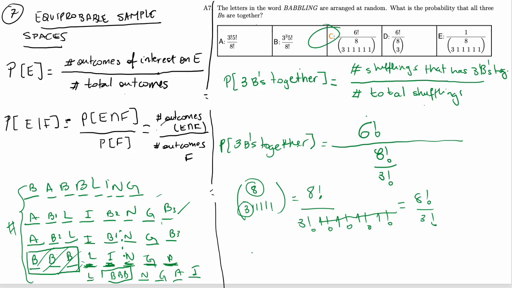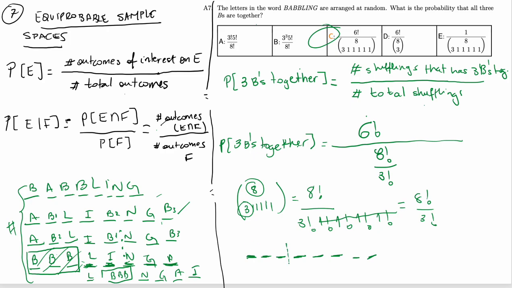Imagine that you have 8 boxes. 1, 2, 3, 4, 5, 6, 7, 8. You have 8 boxes. And what you're doing with these boxes is this.